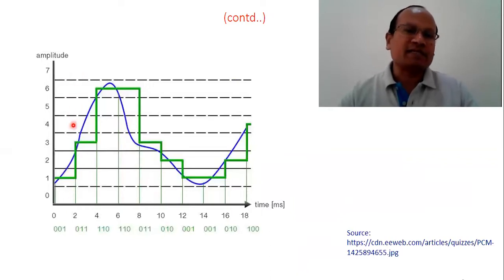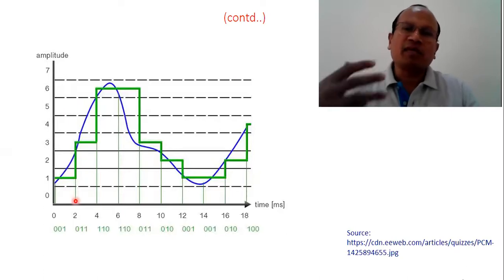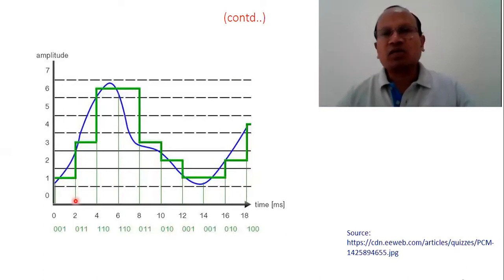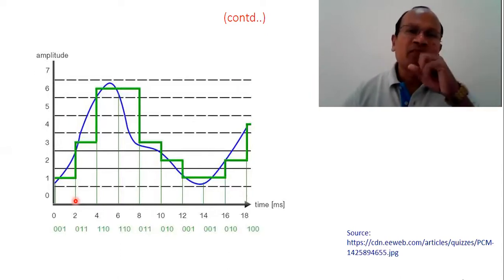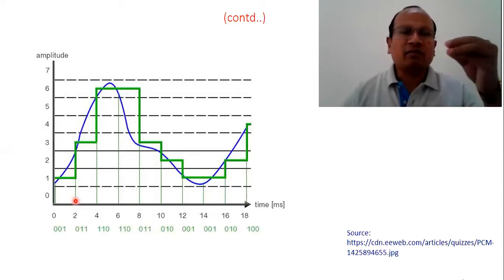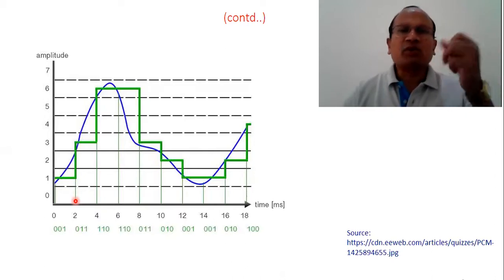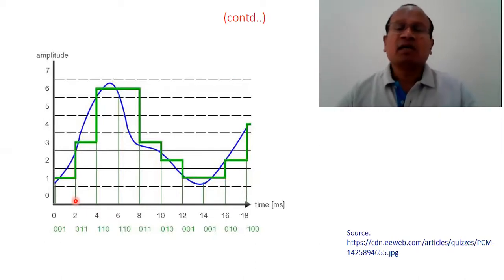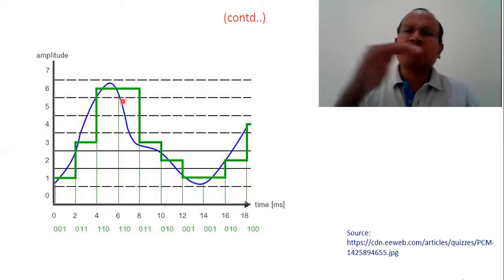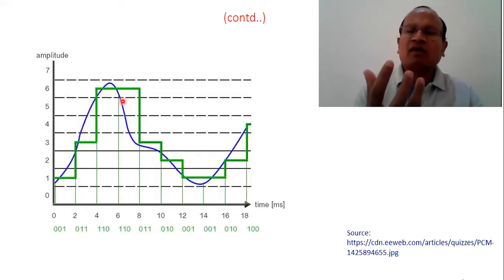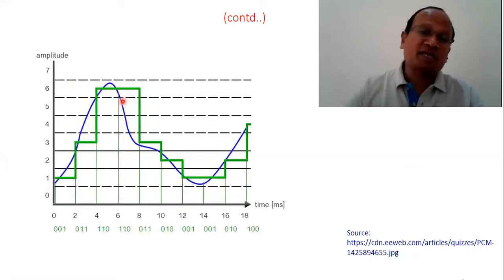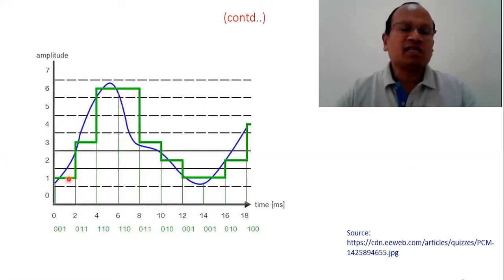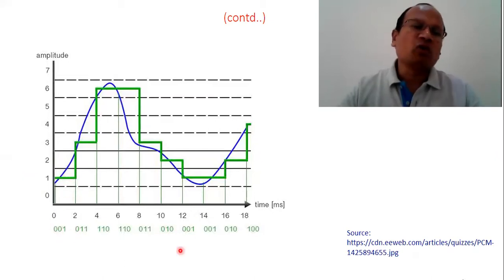Here the number of steps is 8, and in order to deal with 8 steps, we need at least 3 bits to represent them. So each sampled pulse will be encoded into 3 bits, and you can see here that each pulse is being encoded in 3 bits.